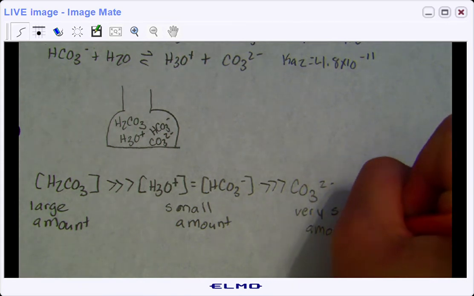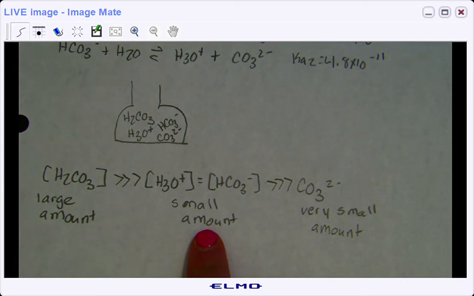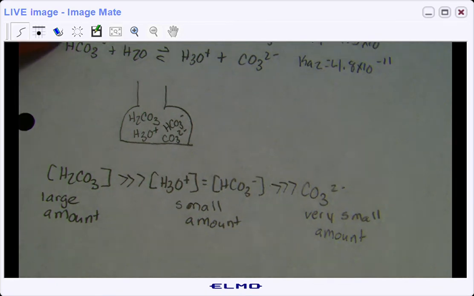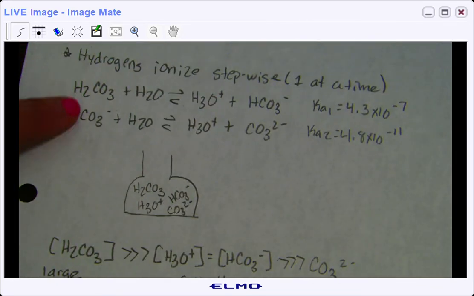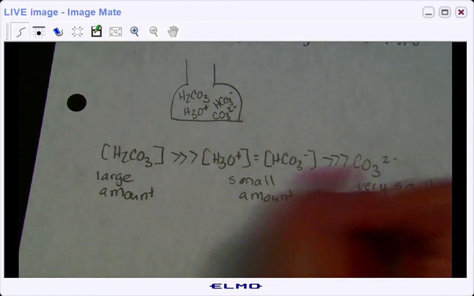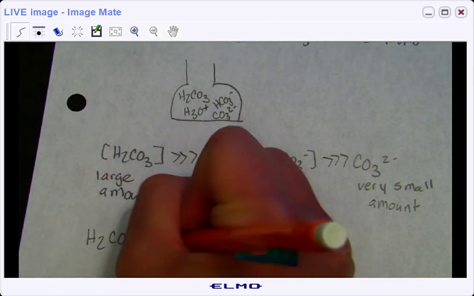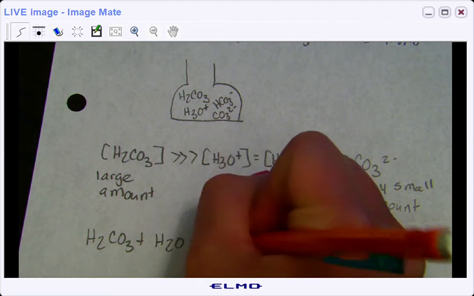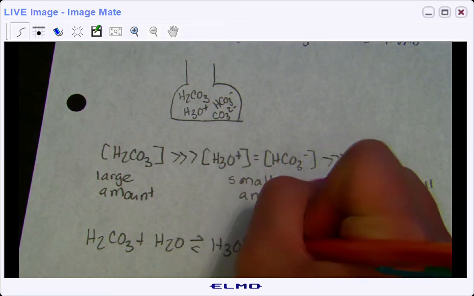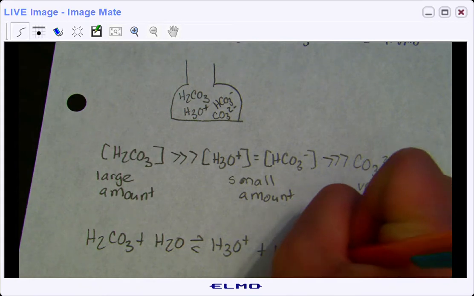Okay, so let's look here. How do I know that these are equal? If we were to take the equations that we've written, let's start with the first one. Our carbonic acid plus water is going to yield our hydronium ions and HCO3 minus.